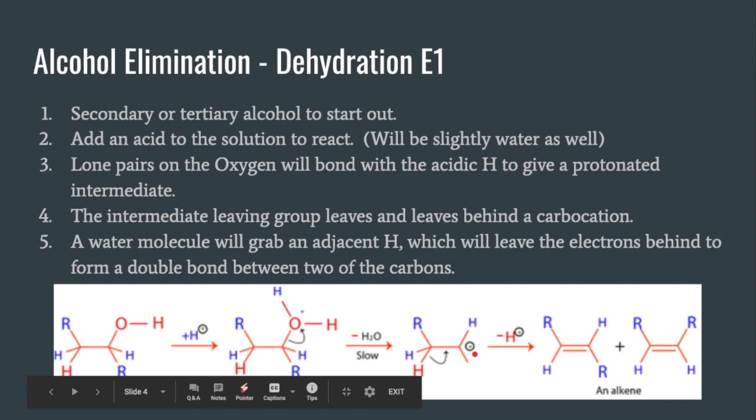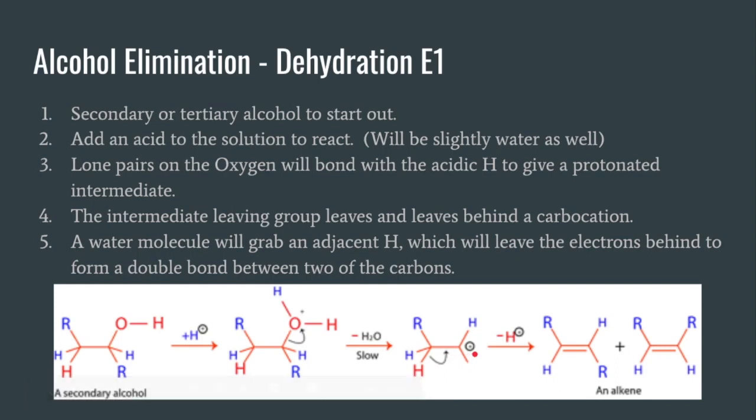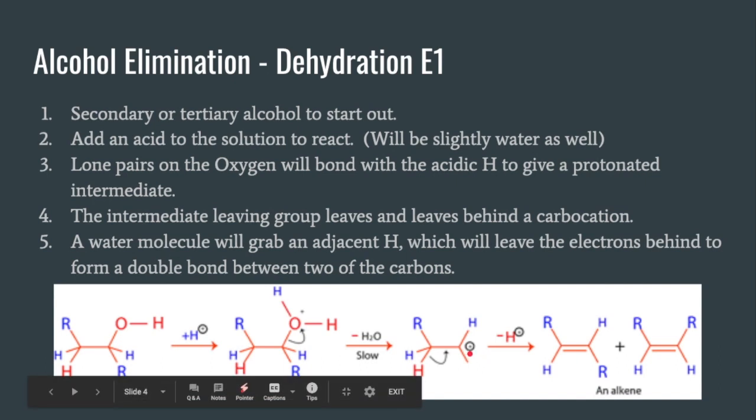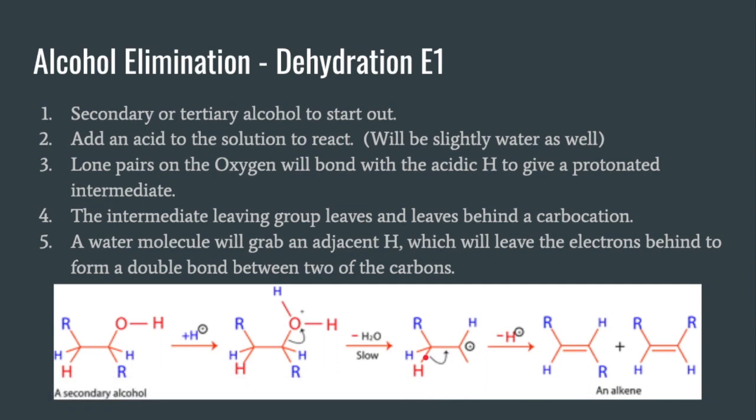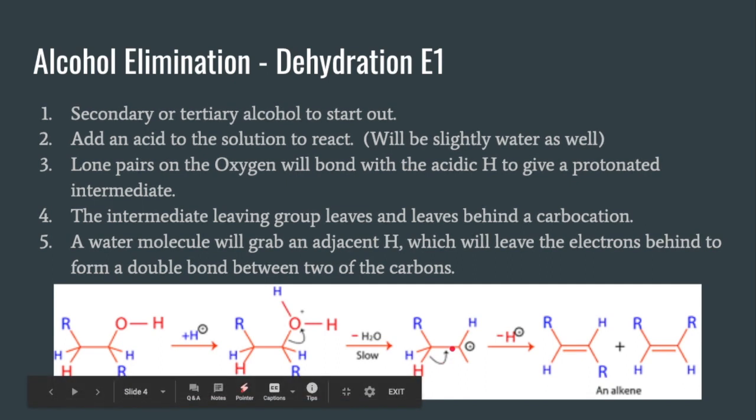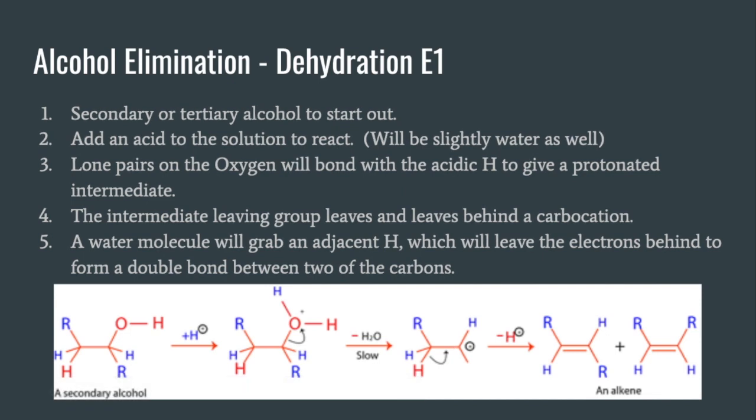Now we're left with a carbocation intermediate. Now that we have the carbocation intermediate, a water molecule will come up and take this adjacent hydrogen, leaving the electrons behind. The electrons are going to form a double bond, and that forms our alkene.